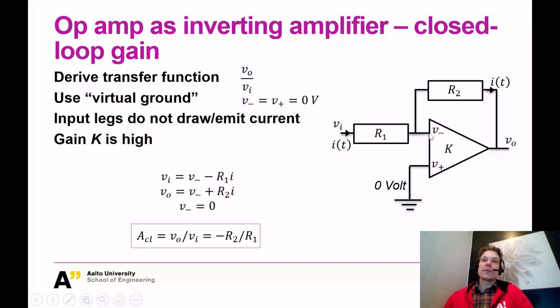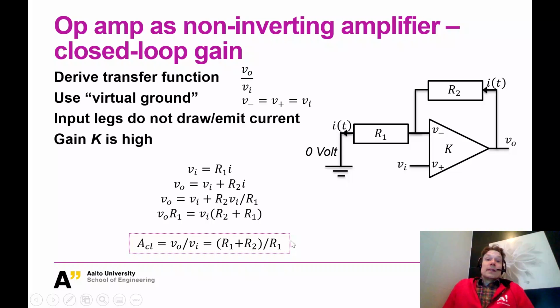So it's this voltage, which is 0, plus resistance 2 times the current. And now we can get the closed loop gain. The amplifier's output divided by input is minus R2 per R1. And this we can use further. We can generalize it in the context of impedances as well.